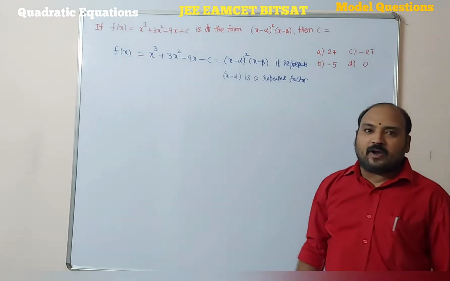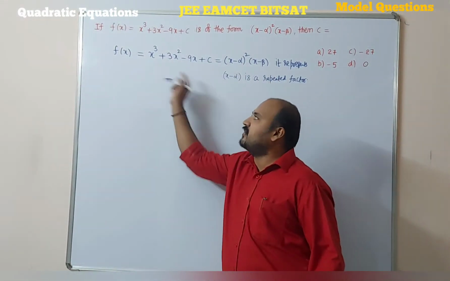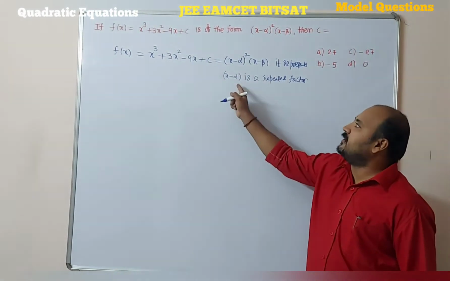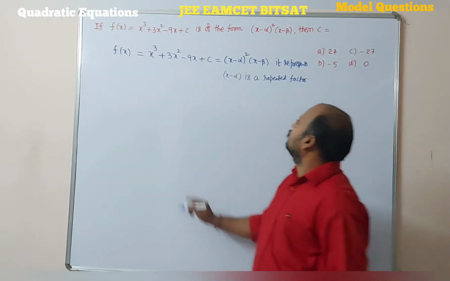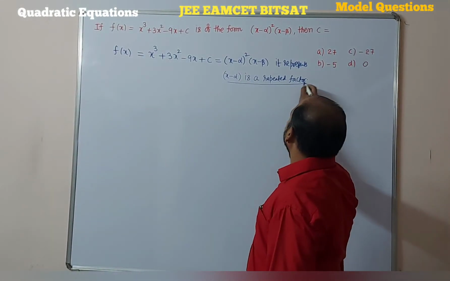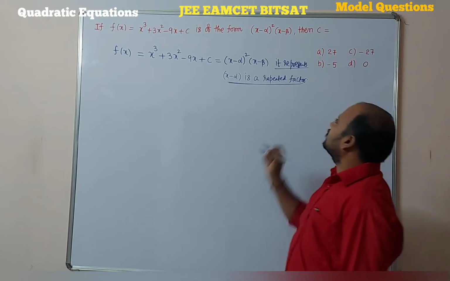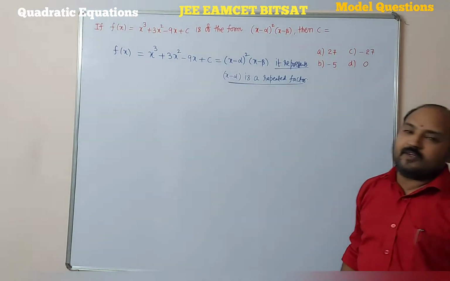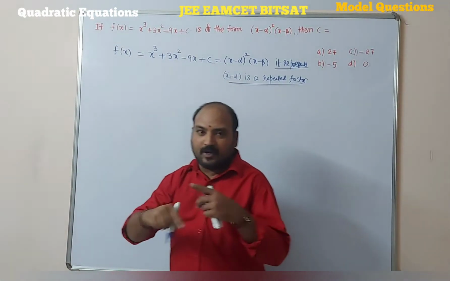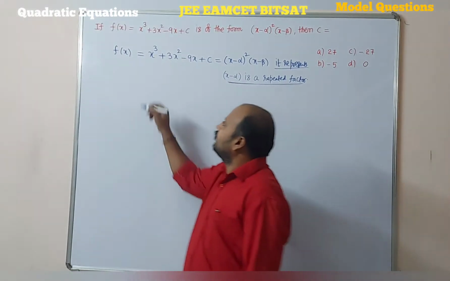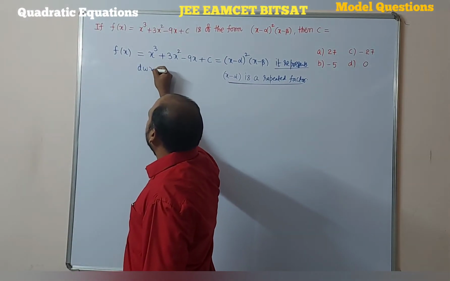Whenever there is a repeated factor, for the first derivative of this function, it is one of the factors. It represents x − α is a repeated factor. So to check whether it is a repeated or multiple factor, differentiate with respect to x.